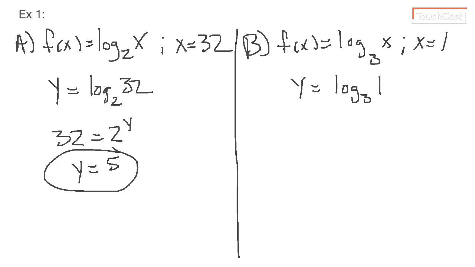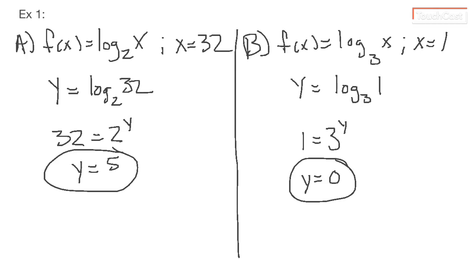If we rewrite that in exponential form, that's 1 is equal to 3 to the y power. Well, what power do we have to raise anything to get 1? The answer is 0. So one of the things we need to make sure we're strong with when doing these log problems is that we understand exponent rules.